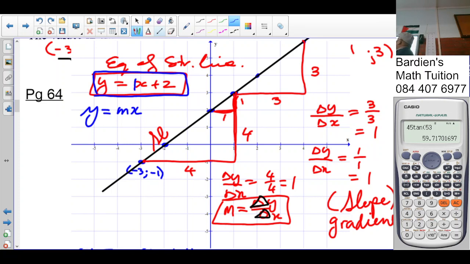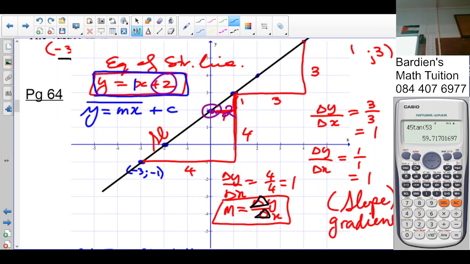Okay. Right. Now let's look at this here. This is where the graph cuts your y-axis. Can you see that? What's your value for y? 2. Isn't that the 2 here? And that is your 2. So that value will be where it cuts your y-intercept. And that is your c.